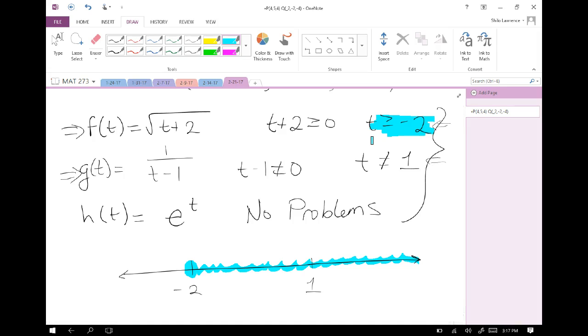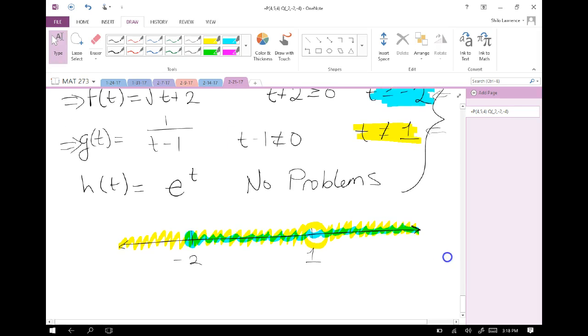Are we gonna have to use a union thing? I don't know yet. We'll wait and see. For the second one, t can't be 1. We have to exclude this number, but it can be everything else. And then h of t doesn't have any problems.